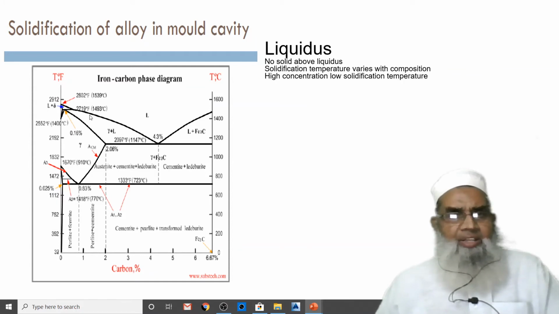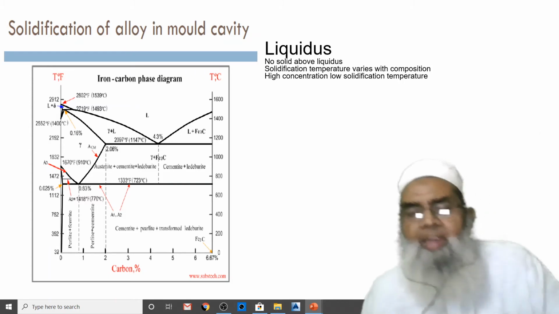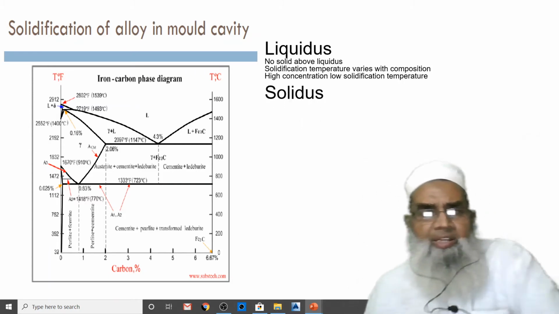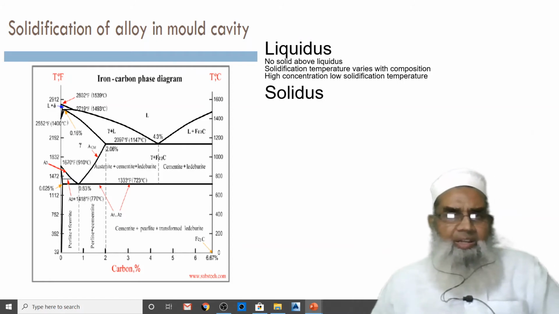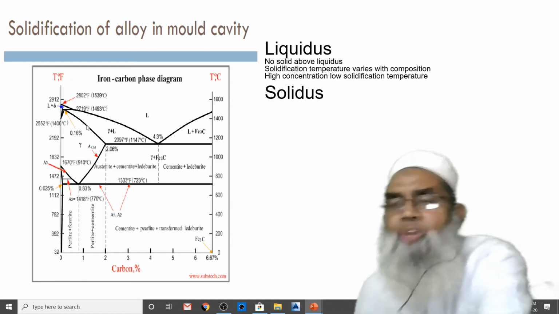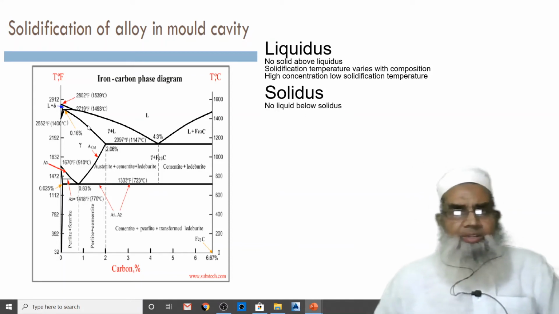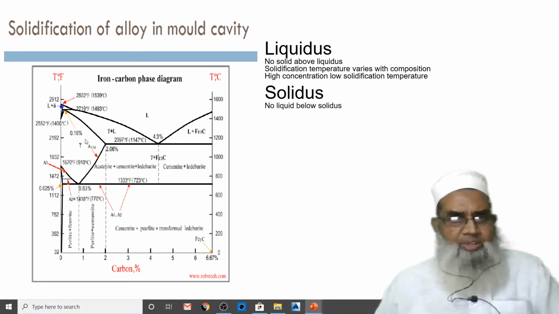It is higher when the concentration is low, but lower when the concentration is high. Now another curve in this diagram is the solidus. This is the solidus. Below this solidus there is no liquid. Therefore, in between we have solid and liquid.